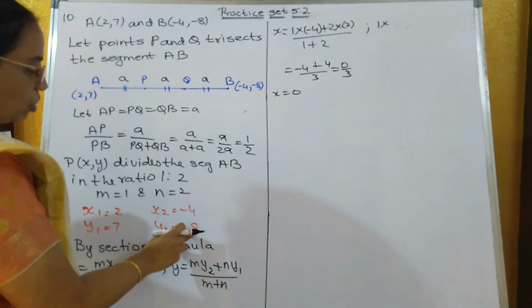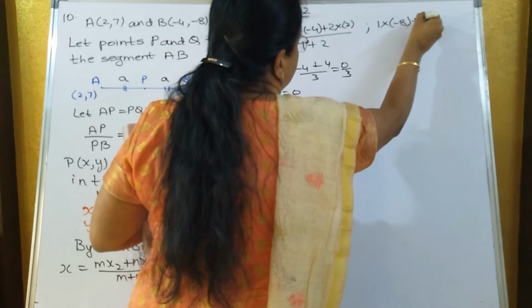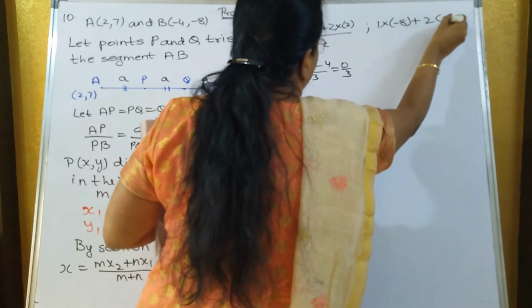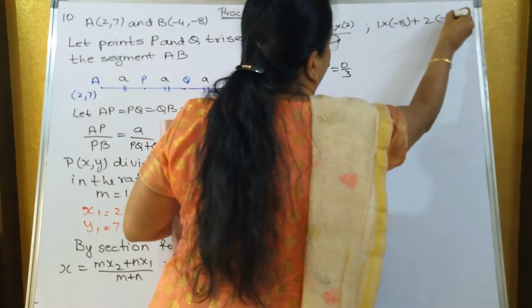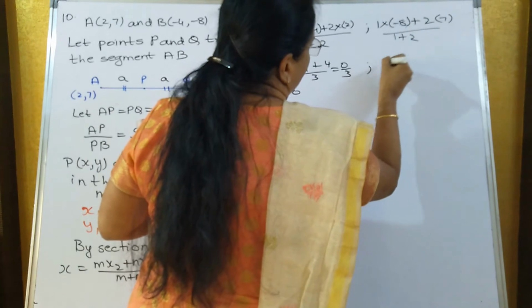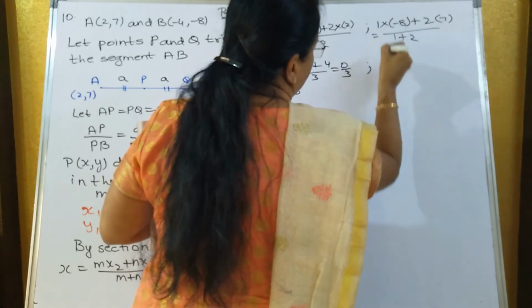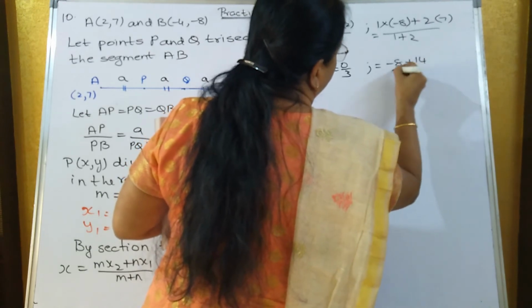y2 is equal to what? -8 plus n is what? 2 into y1 is equal to what? 7 upon 1 plus 2. So that is equal to what? 1 into -8. That is -8 plus 2 7s is 14 upon 3.